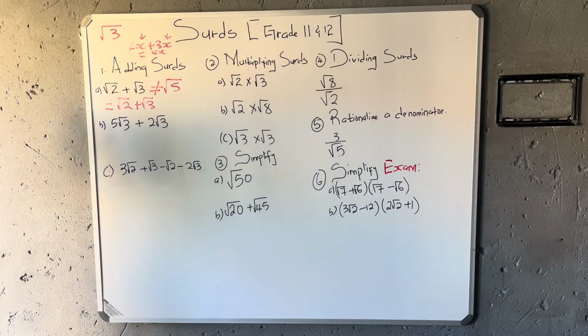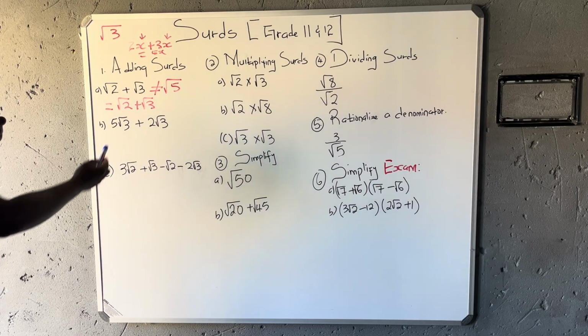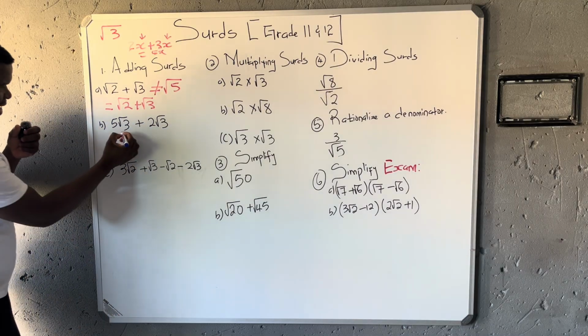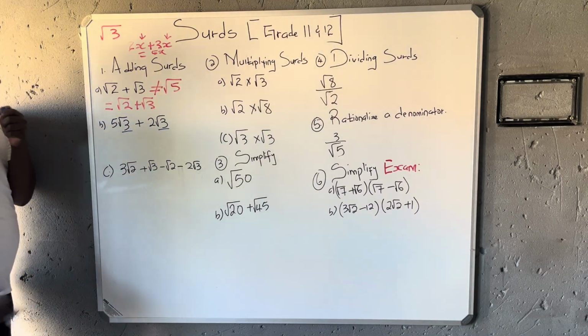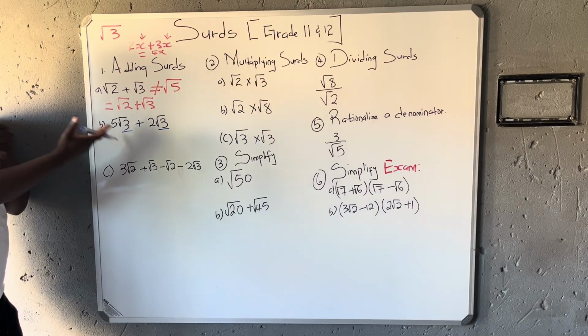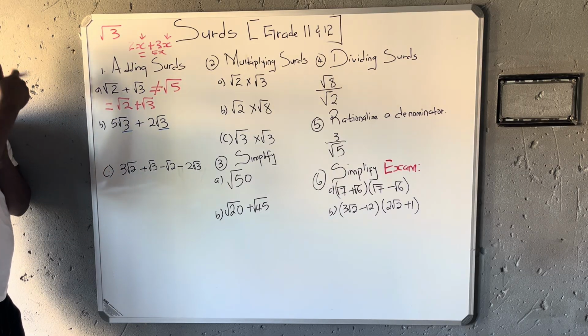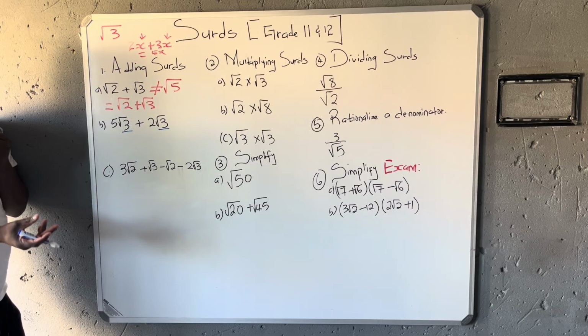Let's move to the next, which is b. I hope now you can see the difference between the two. Now, in this case, I'm having 5 square root of 3 plus 2 square root of 3. Now, we notice that these are the same, which we like to consider as like terms. It's basically like having 5x plus 2x, which will give us 7x.